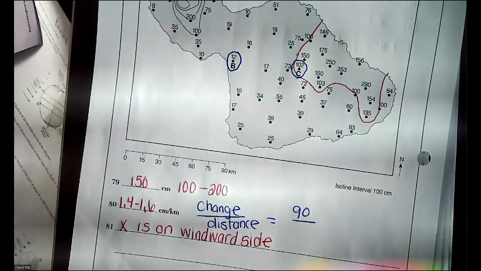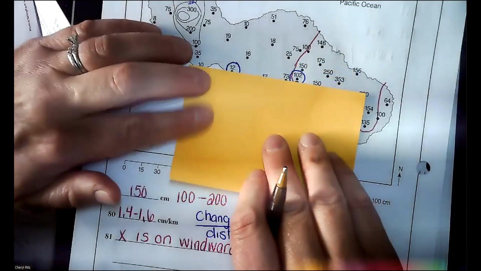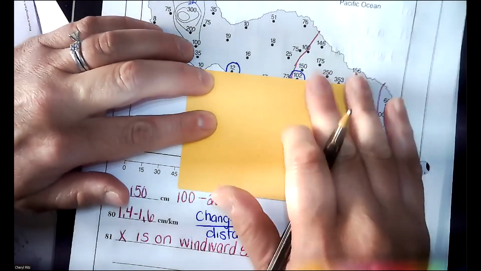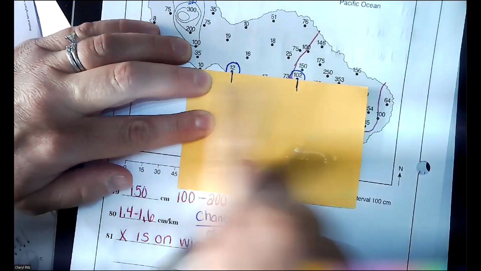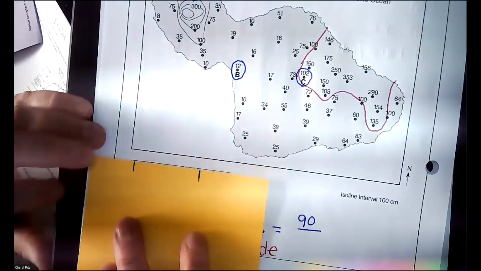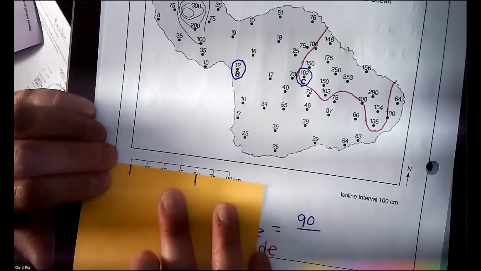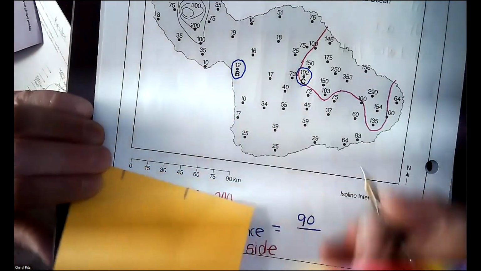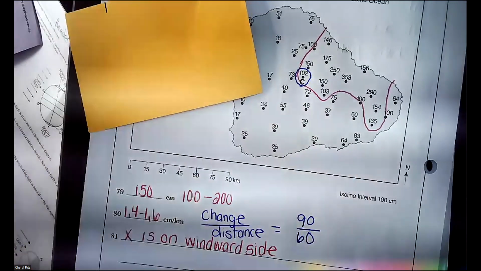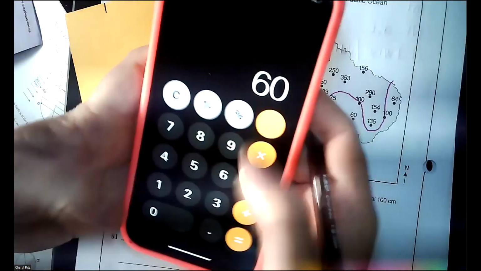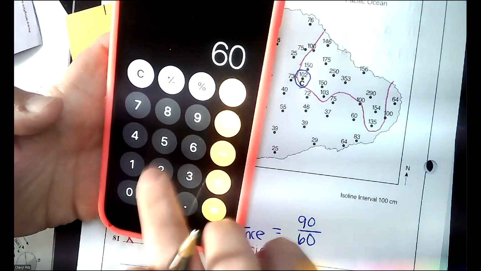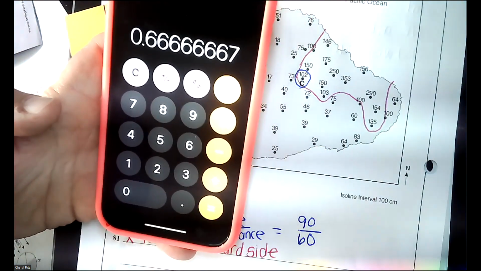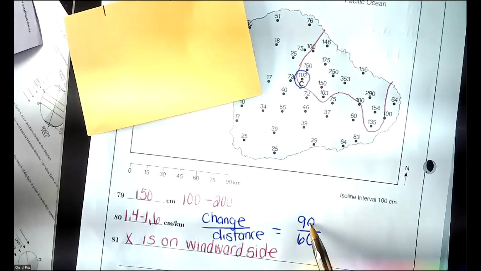Now here's where people might have had slightly different answers. So I always recommend using a scrap paper and marking off on my scrap paper the two lines, bringing it down to the scale. And to me, it looks perfectly lined up with the 60. So 60 divided by 90. Oh, no, it's not 60 divided by 90.